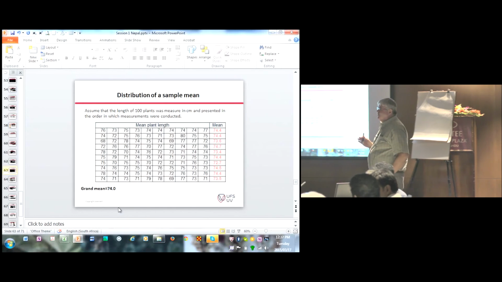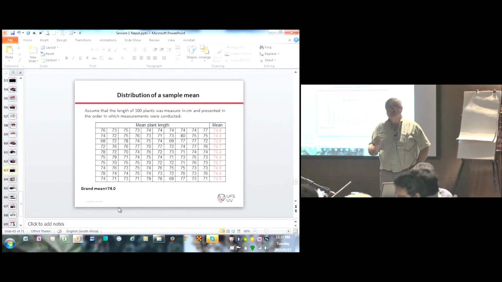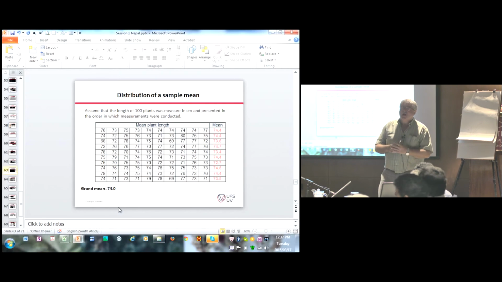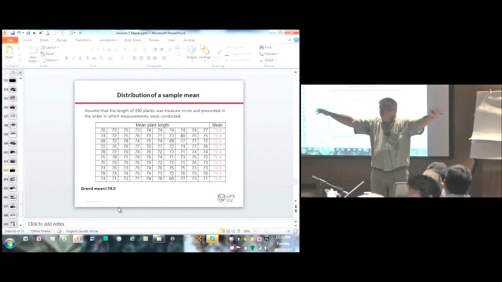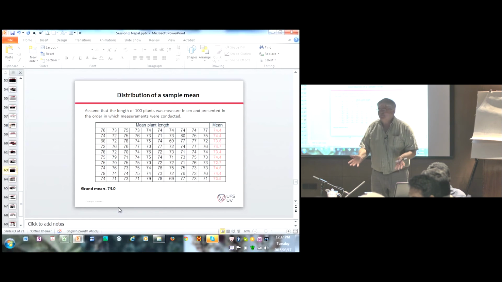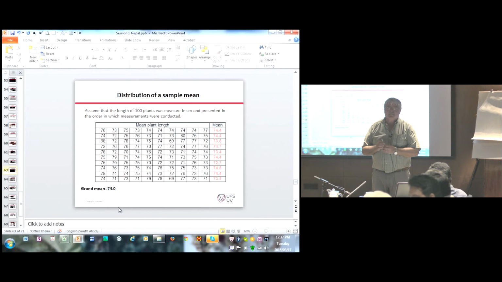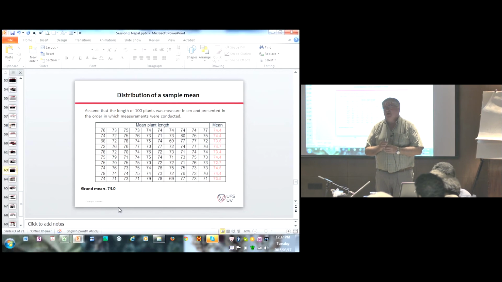Anybody who has done a field trial knows that we do replicates. I don't just go in and measure the whole mass that I've planted as a single sample. We divide it up into replicates. We do that in various ways, with various trial designs. We'll get to that a bit later.